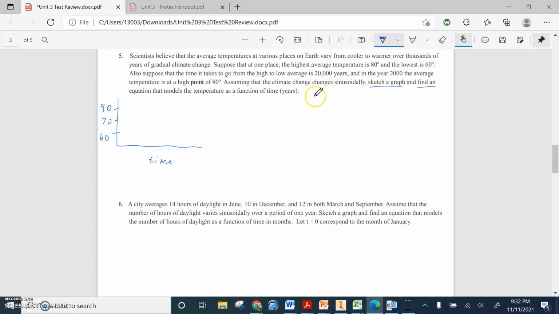What we're saying is, at one place, the highest average temperature is 80, and it takes 20,000 years to go to the low. So in the year 2000, here's 2000, the average temperature is at a high of 80 degrees. So that is a coordinate I can mark: 80 degrees in the year 2000.